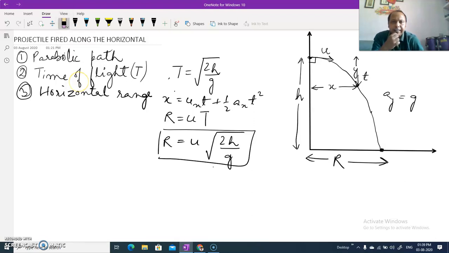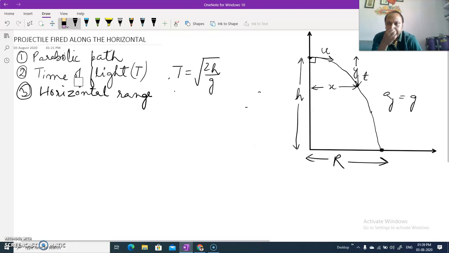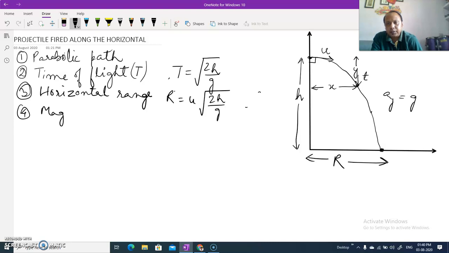So if this is clear, then we move to the next part, that is we will find here the velocity. We have calculated the value of r, u into root over 2h upon g. Now fourth point, magnitude of velocity.